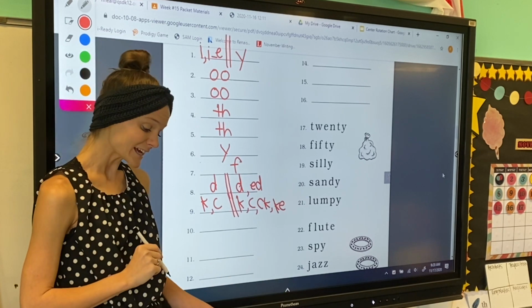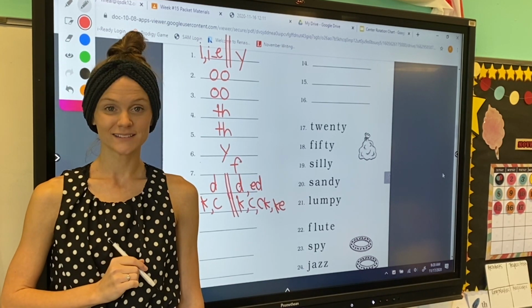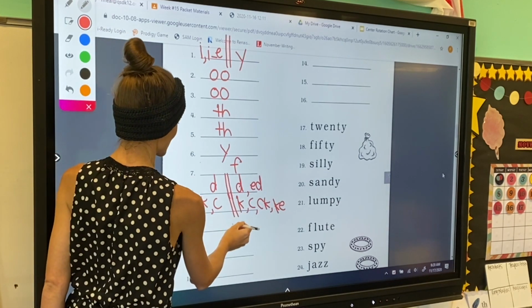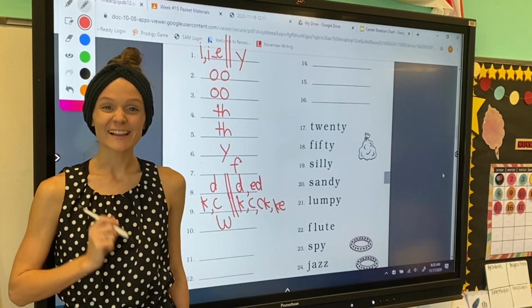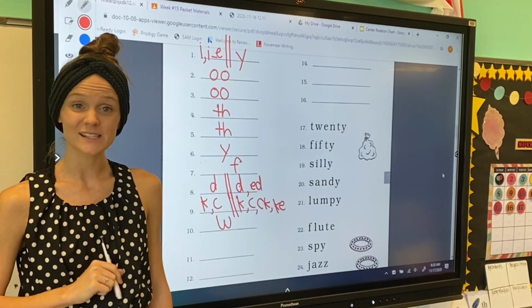And for number 10, my letter sound is W. Letter W. Excellent! Let's jump down to numbers 11 and 12 and practice spelling some words.